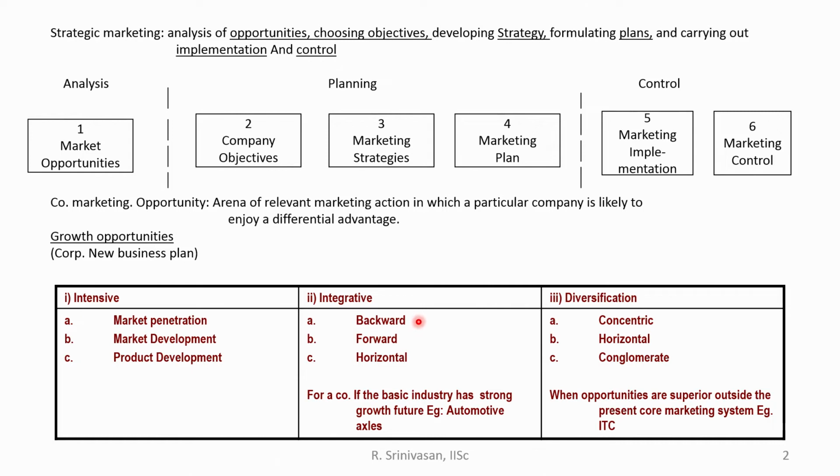Suppose there is a break in the supply chain linkage, then your delivery lines are going to be affected. So, in order to ensure that this will not happen, you may try to find out whether you can take charge of the supply line to the extent possible. Similarly, with respect to the distribution line, if it is possible, so that your order chain will always be on time. This is the second growth opportunity.